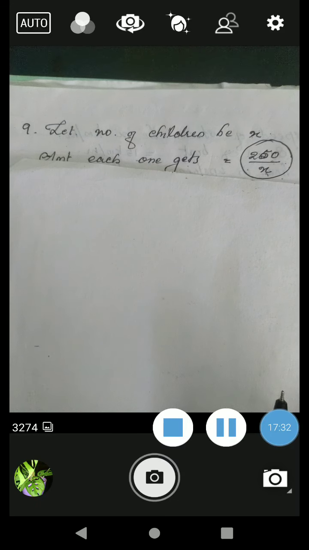And it is given if there were 25 children more, that is, when number of children increased to x plus 25, each one gets 250 by x plus 25.